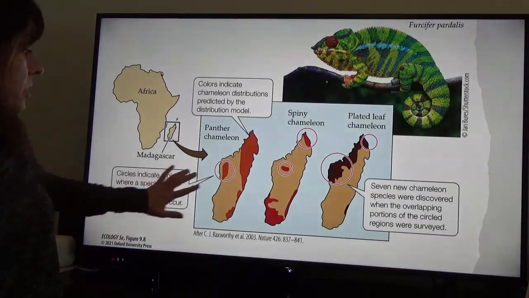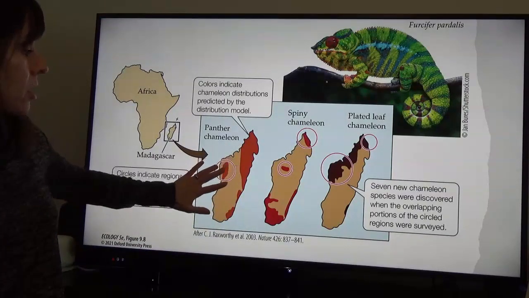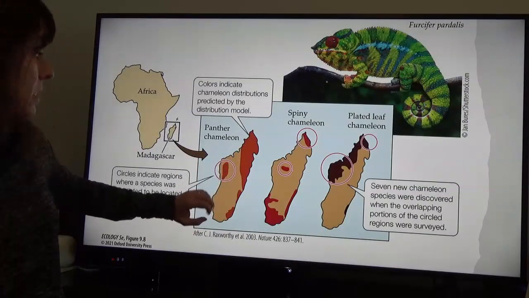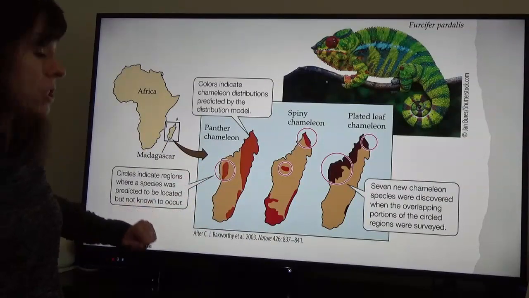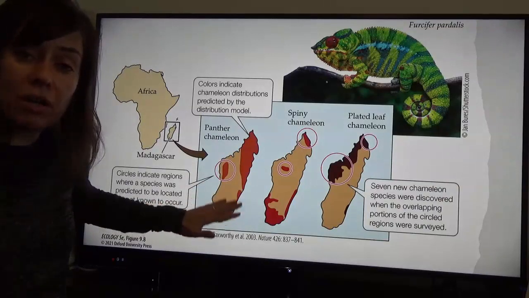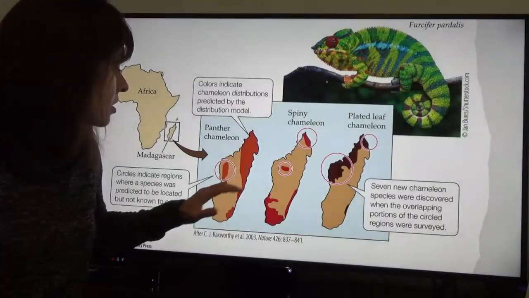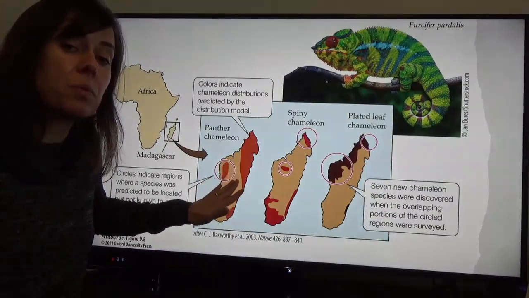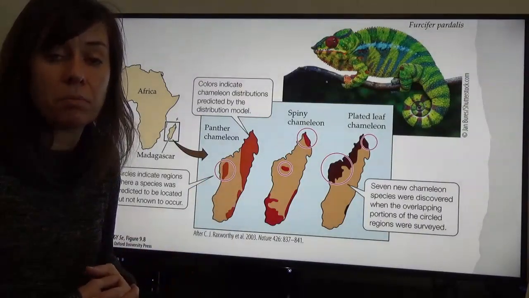And what these circles indicate on the map are places that the species distribution models predicted should have that particular species of chameleon, in this case the panther chameleon, but where it was not known to occur prior to that effort. And so they were actually able to go out into the environment and identify places where these populations did occur that they didn't know about before.